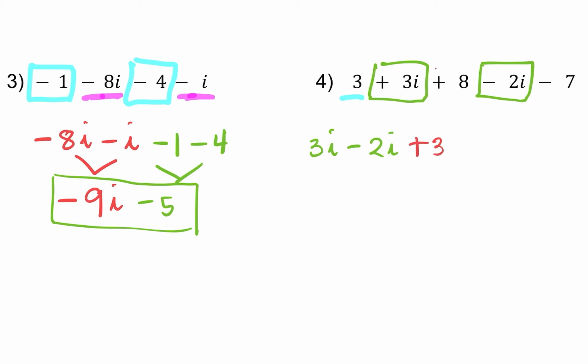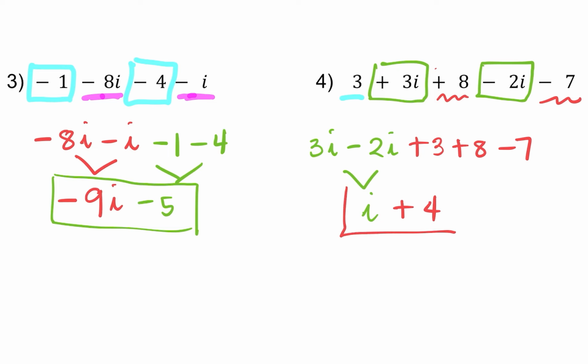And we have positive 8. And we also have minus 7. Okay, so 3i minus 2i gives us an i or 1i. And 3 plus 8, that's 11 minus 7, that is going to be equal to 4. So we can't combine a variable and a constant, so that will leave us our final answer.